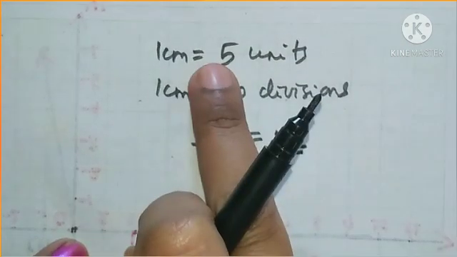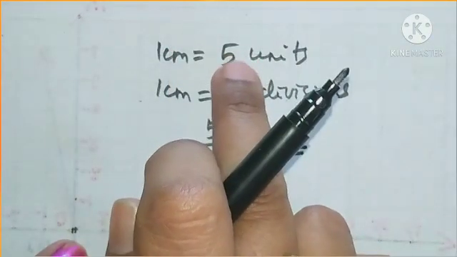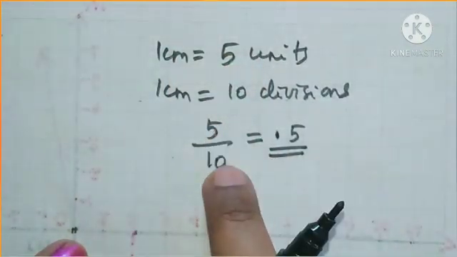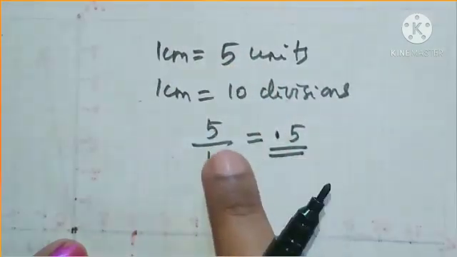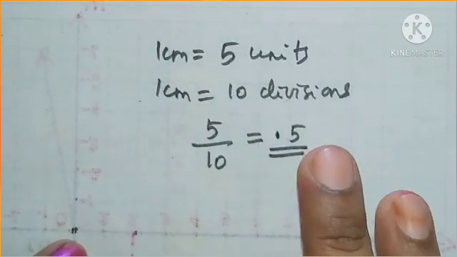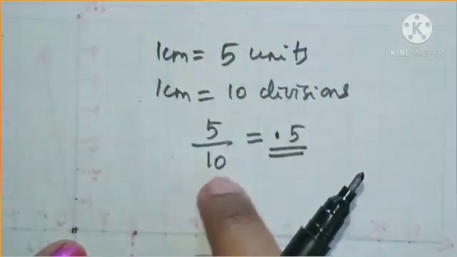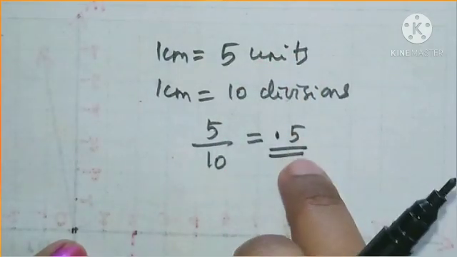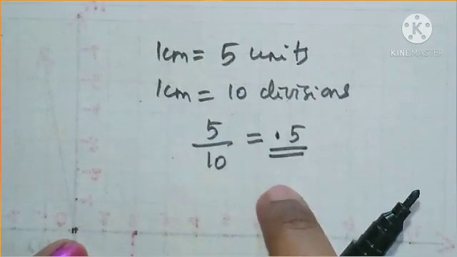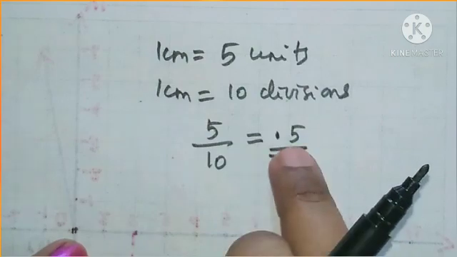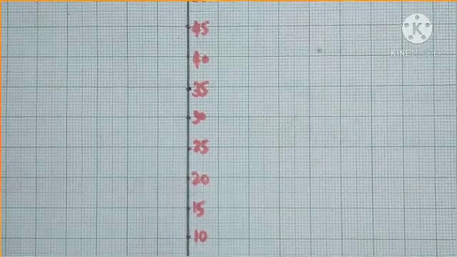If you are taking 5 units, then the value of one small line is 0.5. If you are taking 2 units, then 2 by 10, that is 0.2. If you are taking 4 units, 4 by 10, that is 0.4. So for any scale you are using, you just divide the units by 10, and you will get the value of one small line in the graph. For this graph we took 5 units, so the value of one small line is 0.5. So how to take 32 now, children?